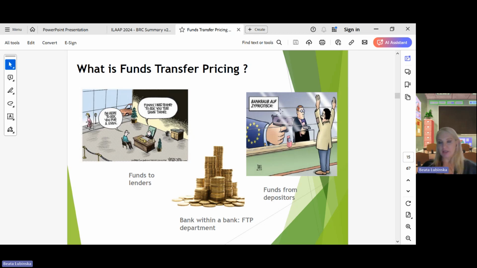So the FTP rate is being paid to a liability center because they are providing funds, and is being charged to the asset center because they are consuming liquidity. So you can already see that there is this kind of flow of funds from a liability center to the central unit and from the central unit to the asset side.